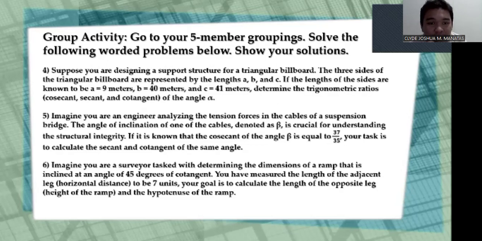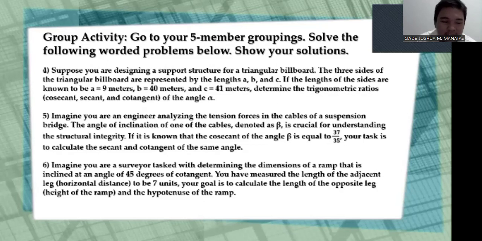And lastly, 12, right? Because remember that 37 is the hypotenuse, so that's the letter C, while the 12 is the adjacent, so that's the letter A. And lastly, for the cotangent beta, right?